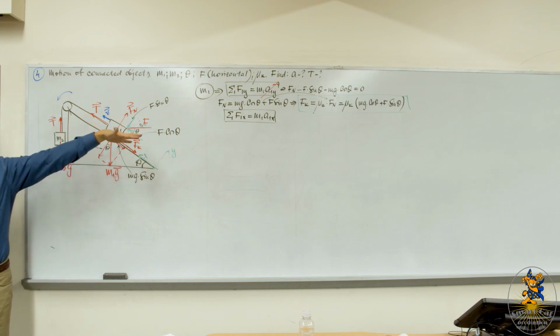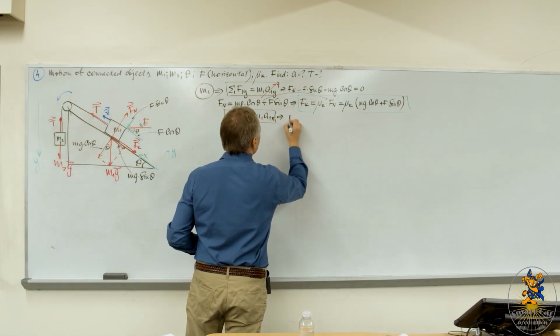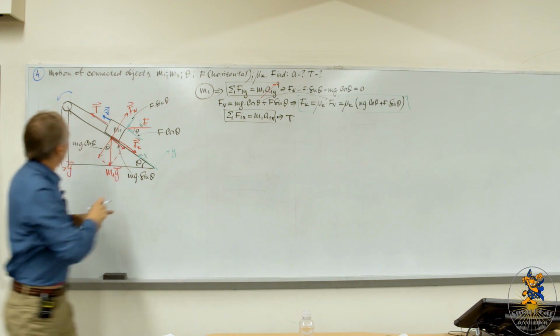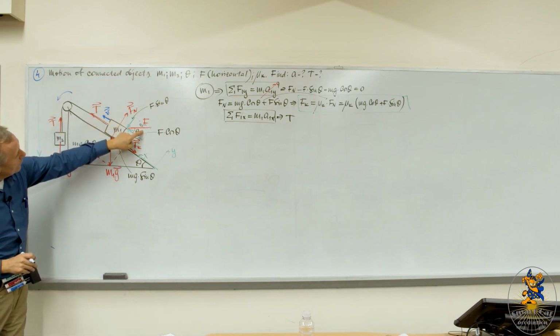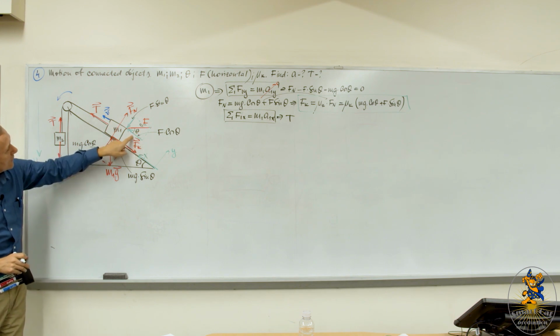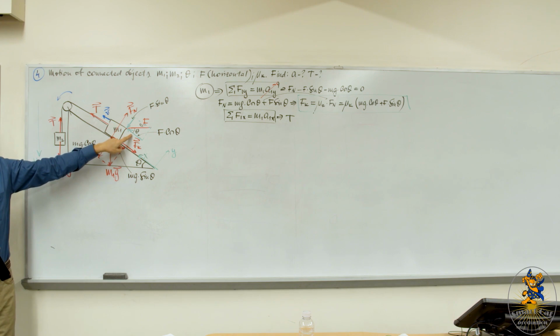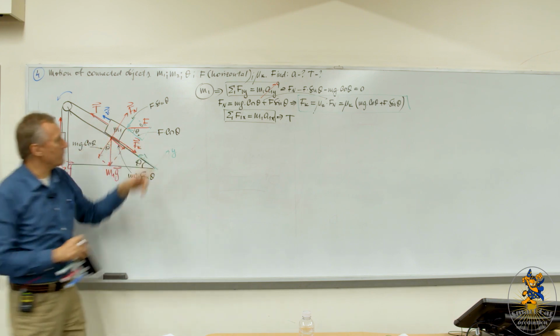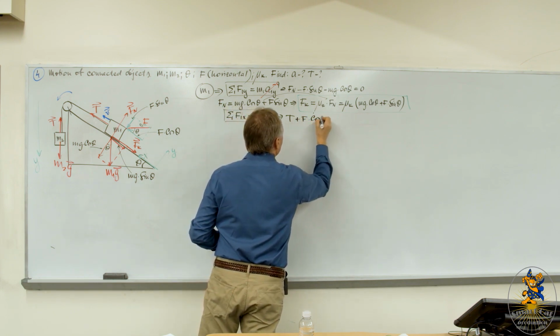It goes into the equation with plus T. Then, this is perpendicular, nothing. So the component of this force, F cosine theta, is in the positive x direction. You see this blue-green vector. In the positive x direction, so plus F cosine theta.